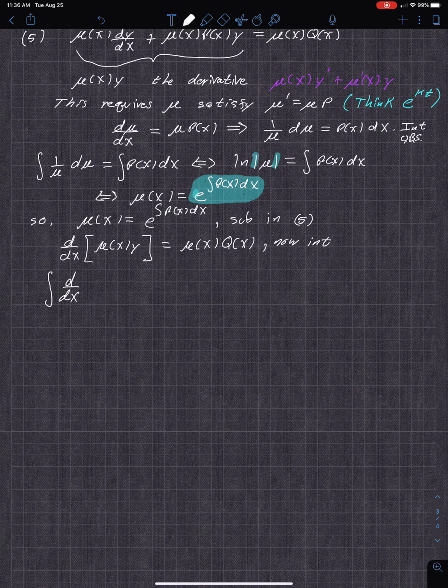So integrate on both sides. So the left-hand side is just the fundamental theorem of calculus. So it's just mu of x y. So you get mu of x y equal to the integral of mu of x q of x dx.